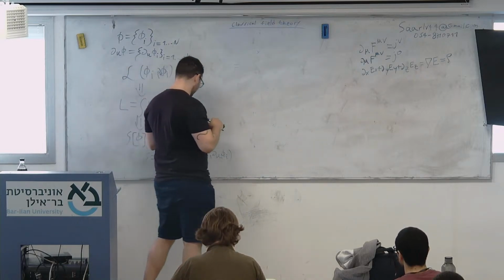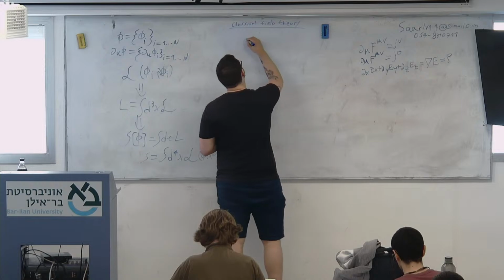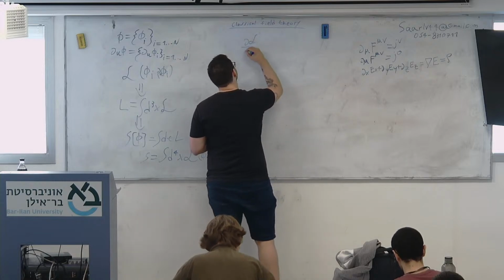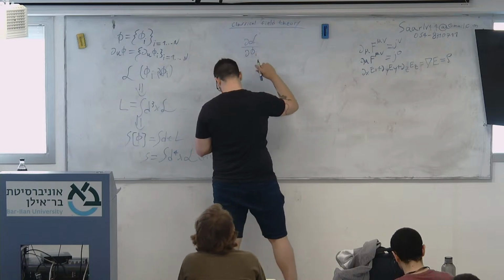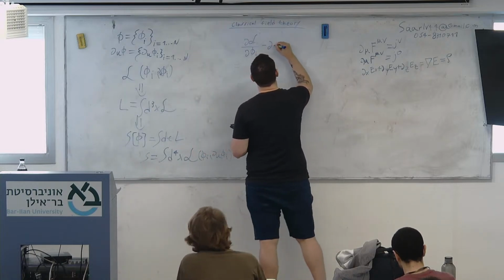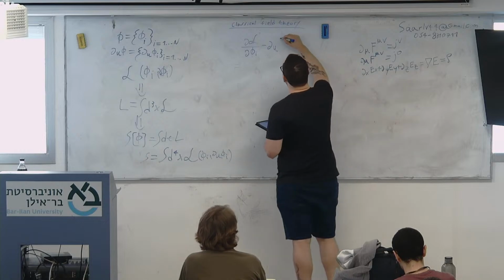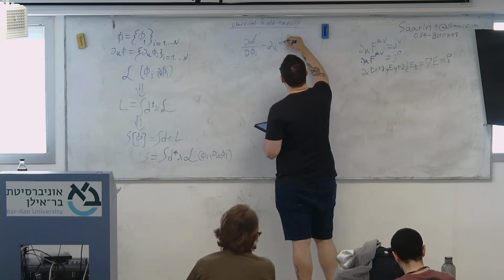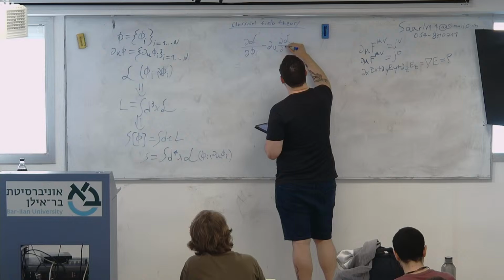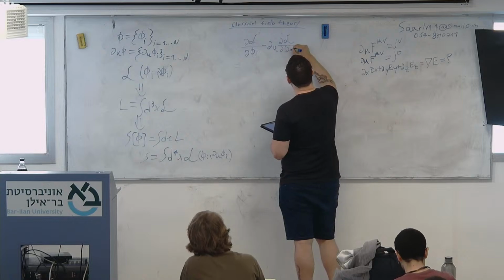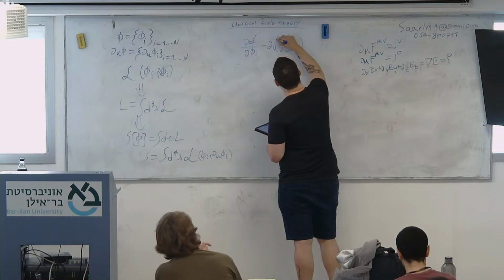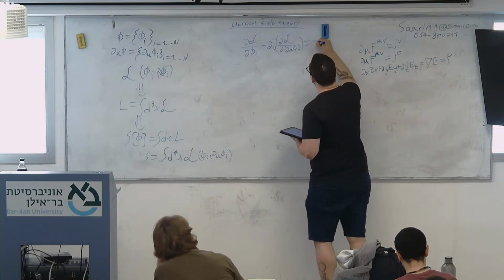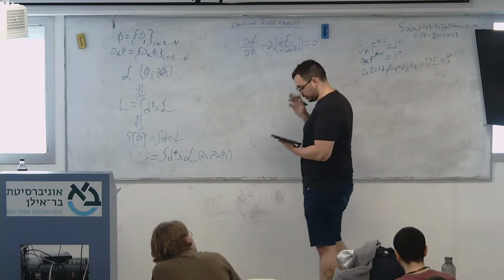To find the minimum of the action, we know that we can take ∂L/∂φ_i minus ∂_μ of ∂L/∂(∂_μ φ_i), the Euler-Lagrange equation.